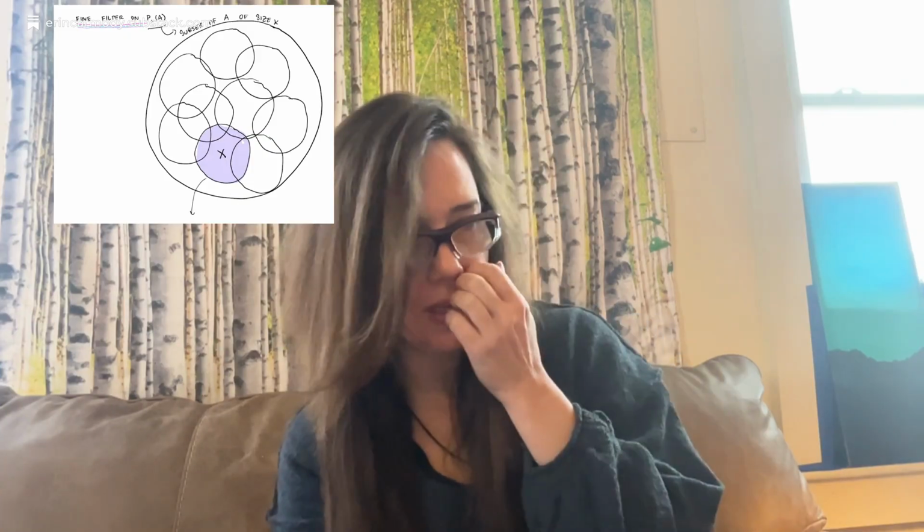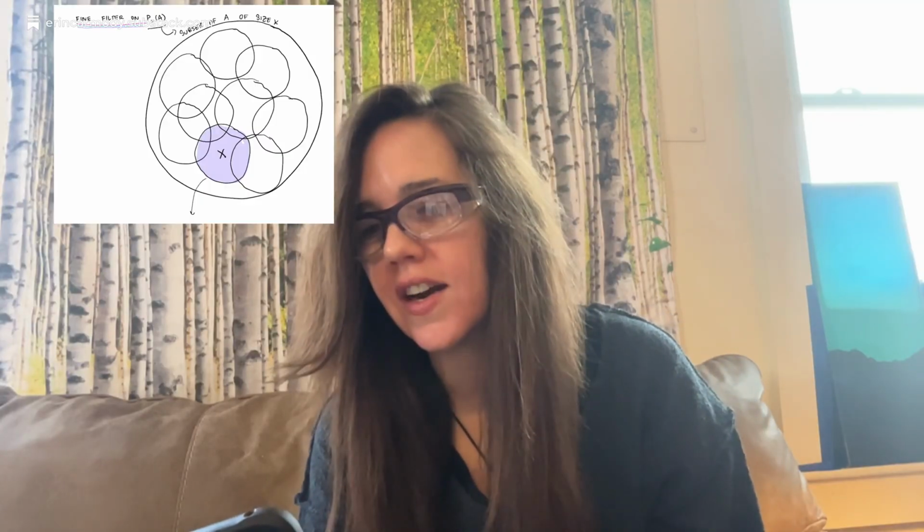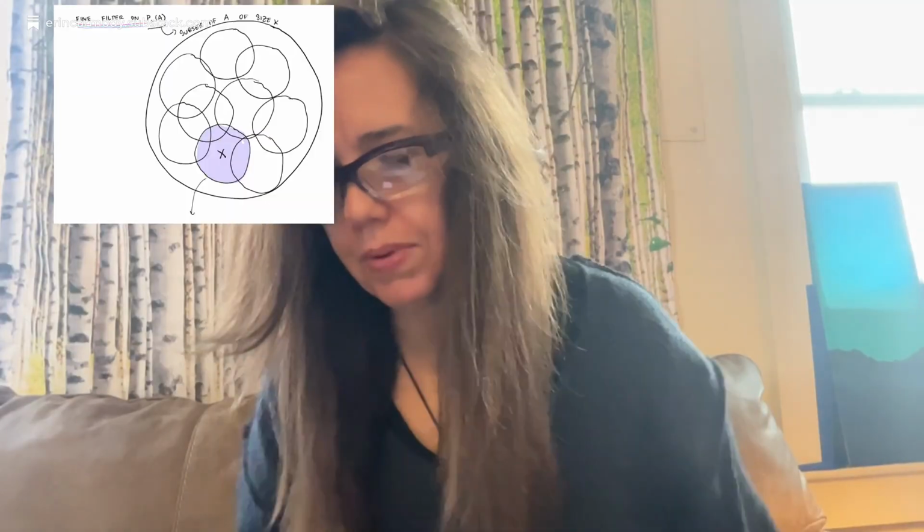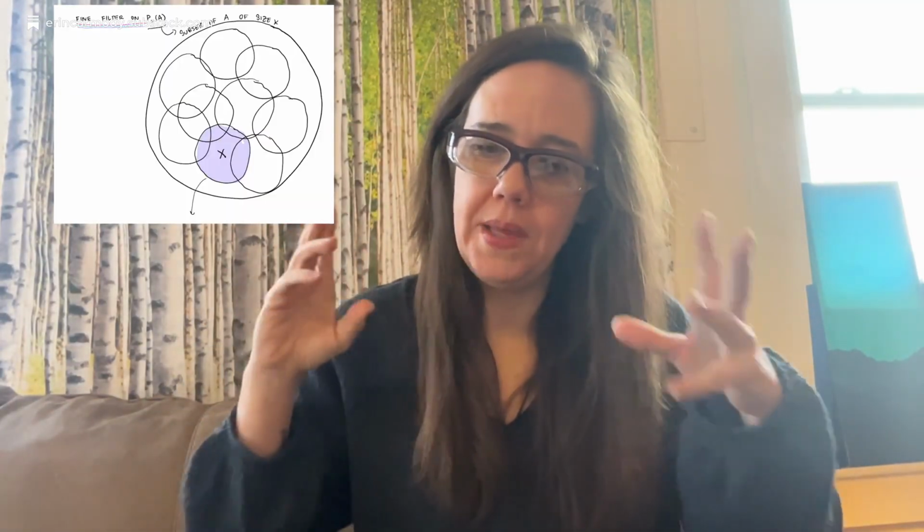So this comes up a lot. I believe that fine filters, this is from Yec, the definition that I'm using, are specifically for filters on P kappa theta or P kappa A. So P kappa A means subsets of A of size kappa. In that picture there, those are all supposed to be the same size. So A is bigger, has a bigger cardinality than kappa, and this picture is showing what P kappa A looks like.